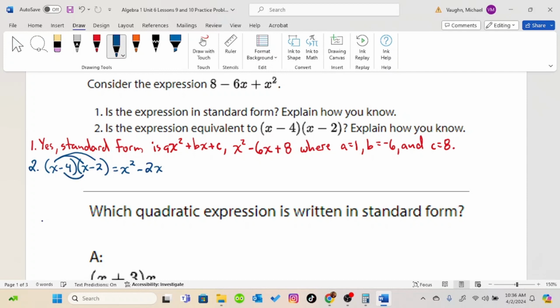Negative 4 times x is minus 4x. And negative 4 times negative 2 is positive 8. Now if we combine like terms, we get x squared minus 6x plus 8, and that's exactly what we just had. So yes, it is equivalent.